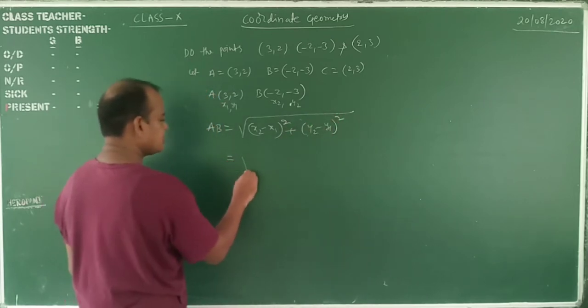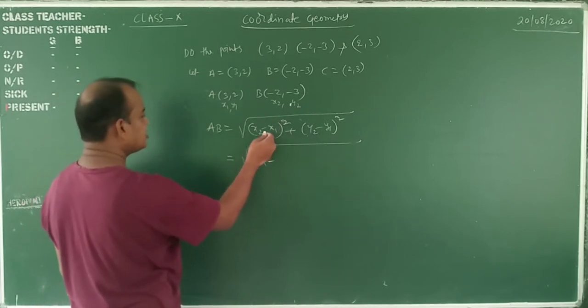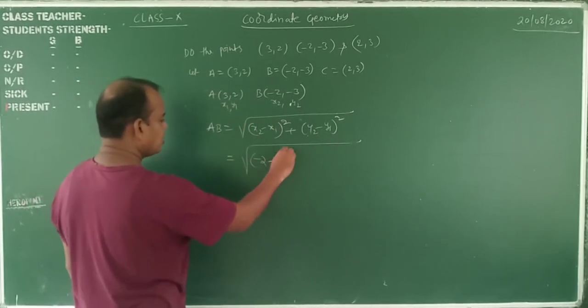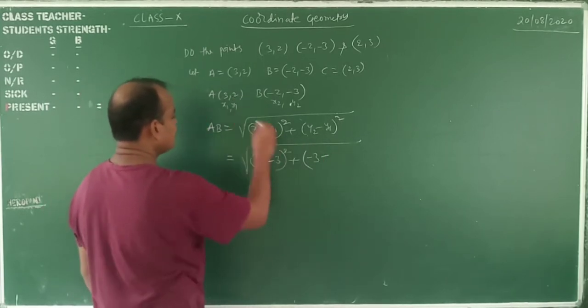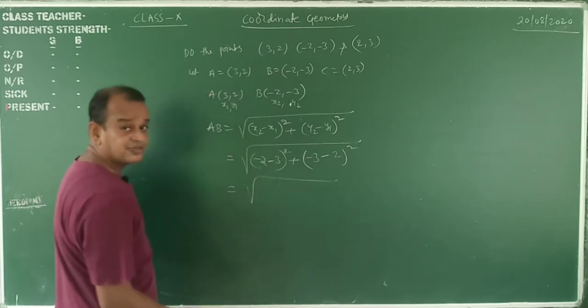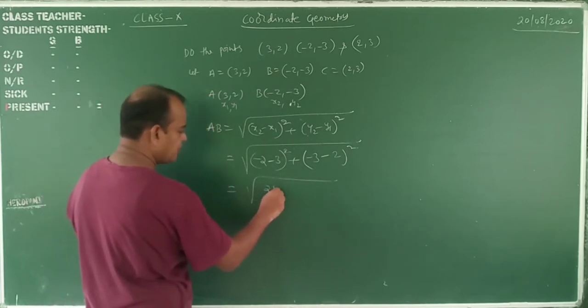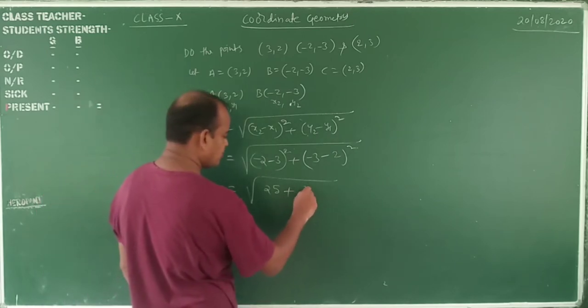A is (3, 2) and B is (-2, -3); this is x1, y1 and this is x2, y2. So AB = root of (-2 minus 3) whole square plus (-3 minus 2) whole square. -2 minus 3 is -5, and -5 squared is 25. Similarly, -3 minus 2 is -5, squared is 25.